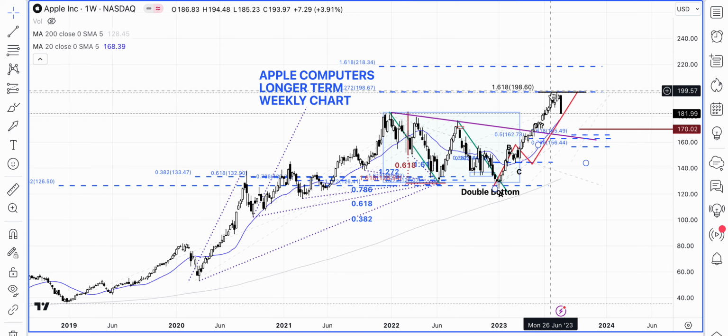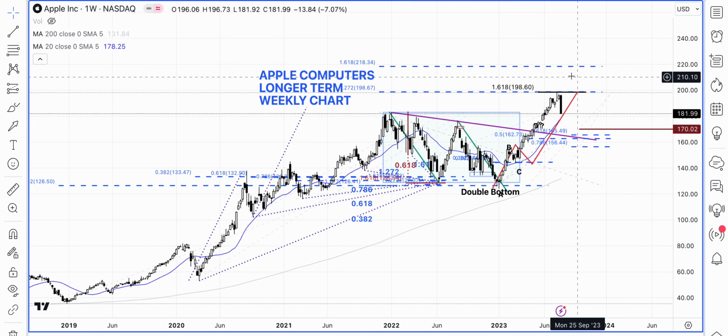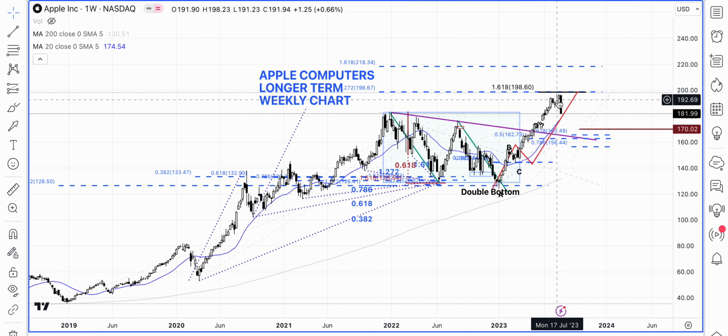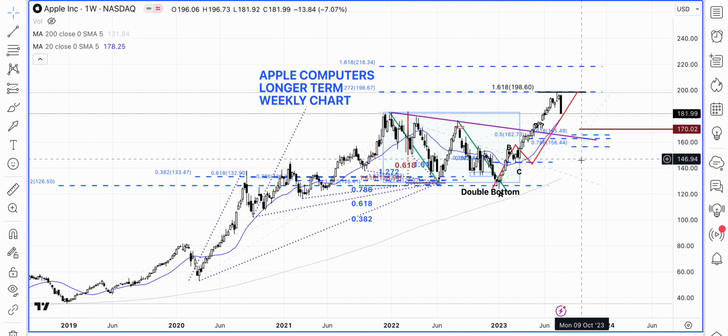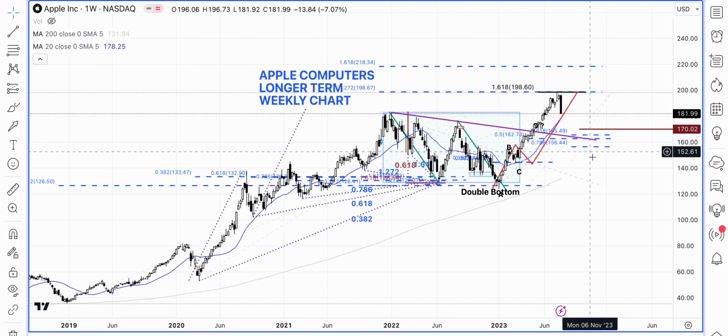Certainly the price could be taken out to the upside. So if the price action goes into a further decline, then the first level is about $170 per share level, which is roughly around the 38.2% Fibonacci retracement of this CD leg.